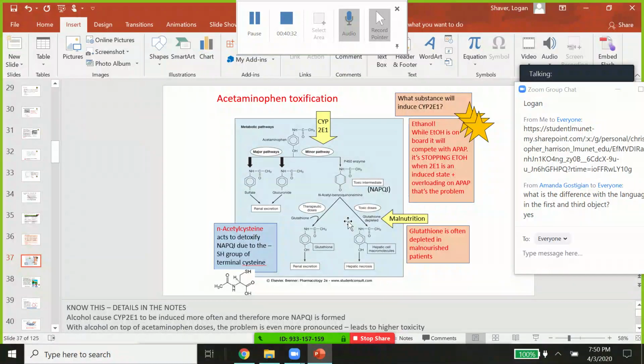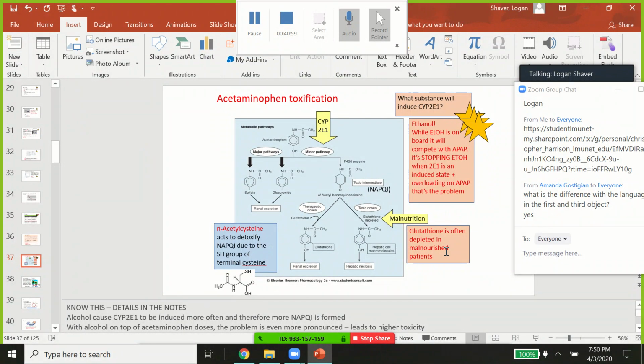But anyway, if you have glutathione, then it becomes this thing here, and therefore it gets renally excreted. However, if you have malnutrition and therefore you don't have any glutathione, then if there's too much of it, it can potentially lead to hepatic necrosis.